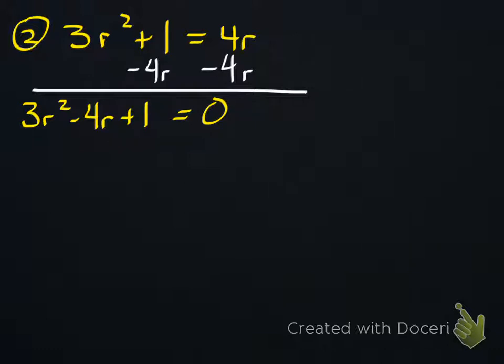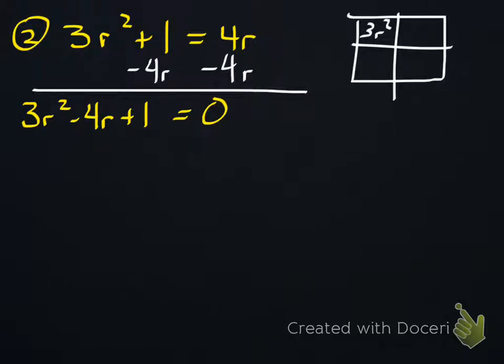So now we're going to use our box. 3r squared and a 1. So we're wanting to have a sum or a difference of 4r. This product is positive, so we're wanting a sum.